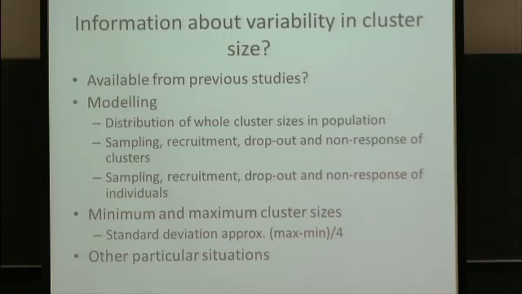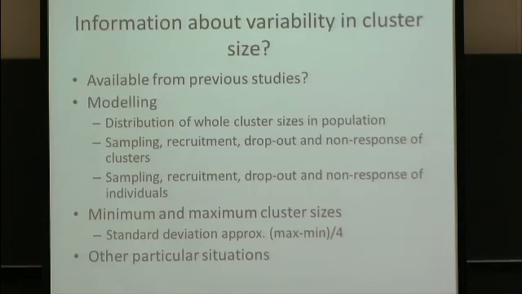That's the sampling, recruitment, dropout and non-response both of clusters and of individuals. When we did this in that paper, we got very, very similar results to just assuming that your coefficient of variation of cluster size is going to be what the coefficient of variation of cluster size is for the whole clusters.